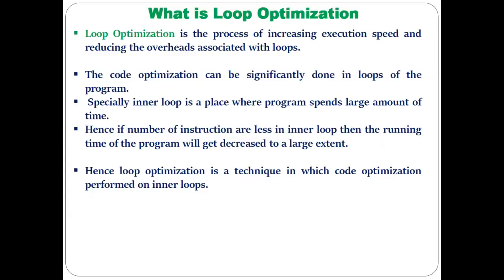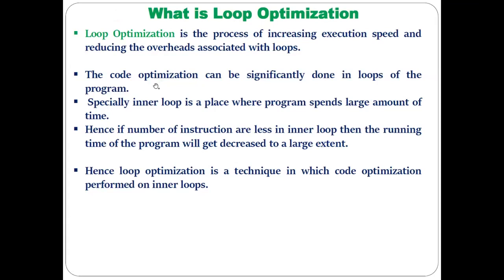So what exactly is optimization? That you already know. Optimization is nothing but modifying your intermediate code, that is your original code, in such a way that the meaning of the program should not be violated, and your program should be capable of running faster with less space. Understood?